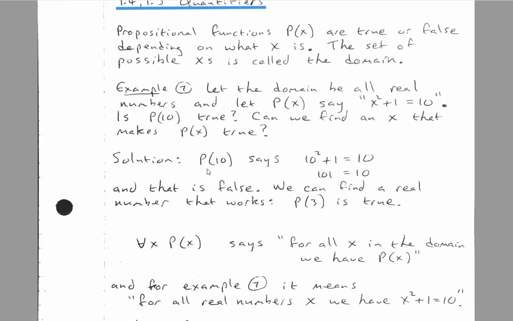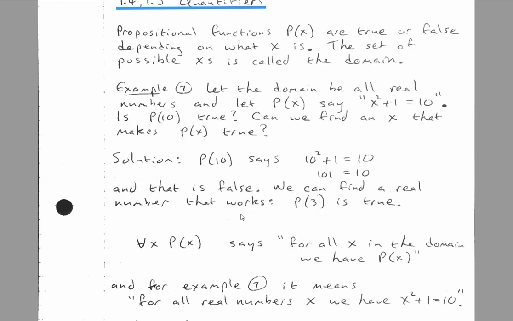Alright, so is p of 10 true? Well, if you put in 10 for x, it's saying 10 squared plus 1 equals 10. No, that doesn't look right. So that's false. So p of 10 is false.